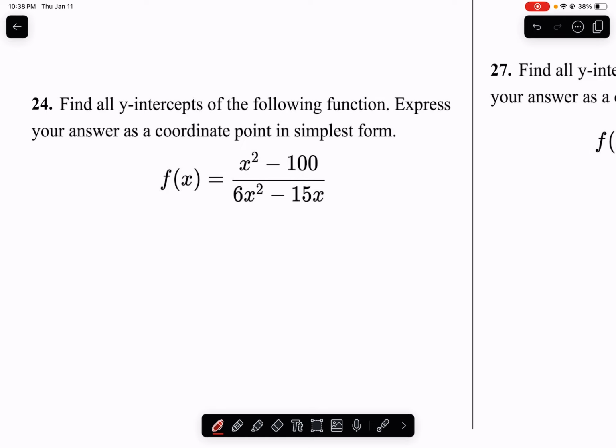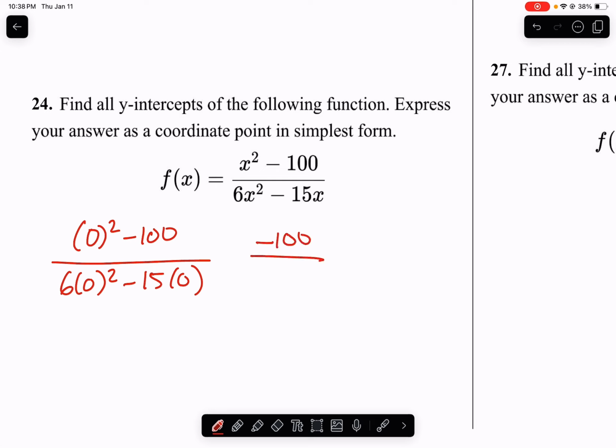So to find the y-intercept, you plug in 0 for x, right? So if we did that, we do 0 squared minus 100 all over 6 times 0 squared minus 15 times 0. So we get negative 100 on top. And on the bottom, we actually get 0.